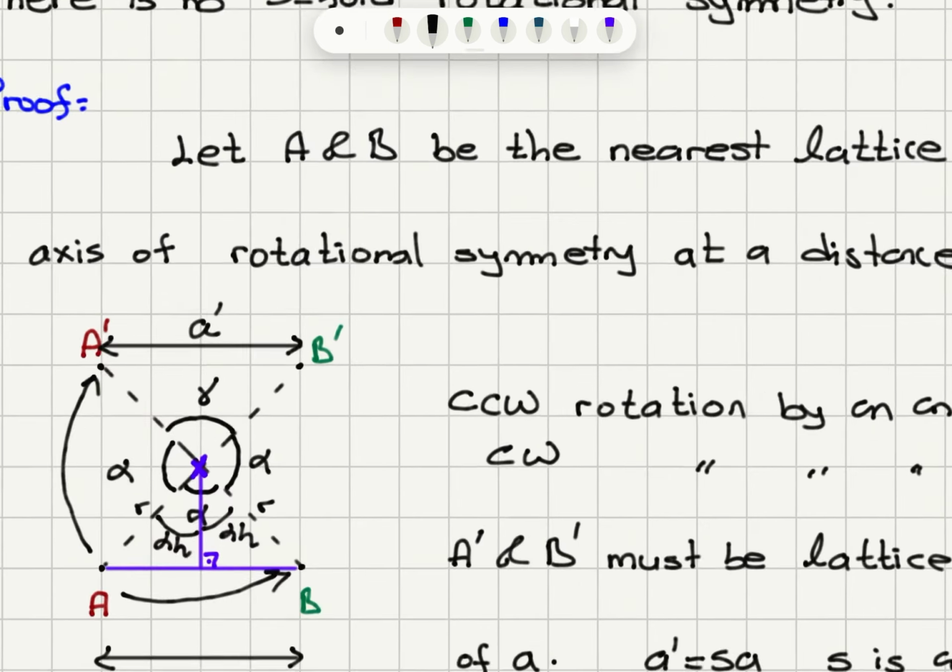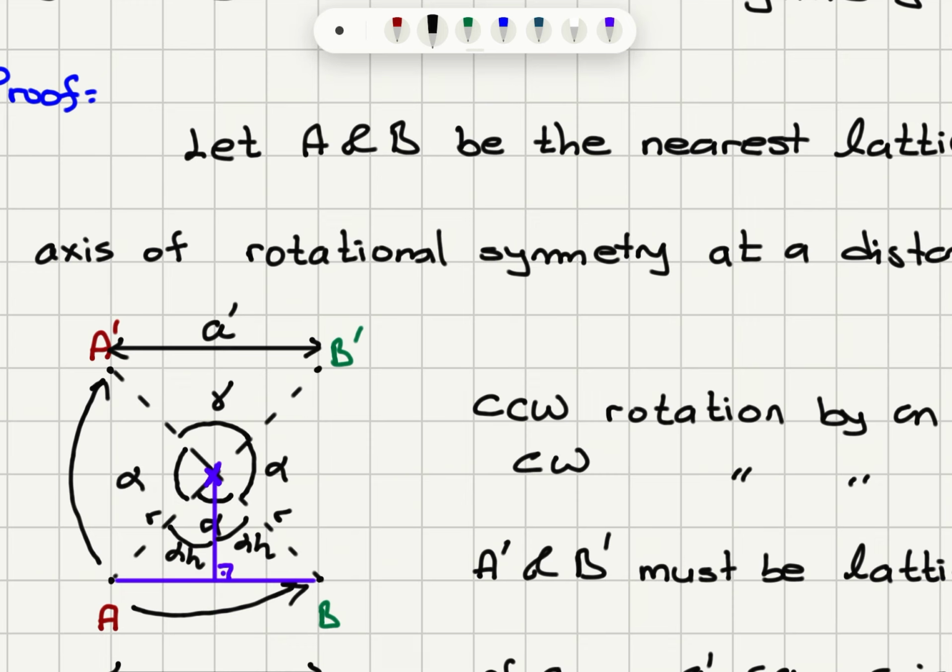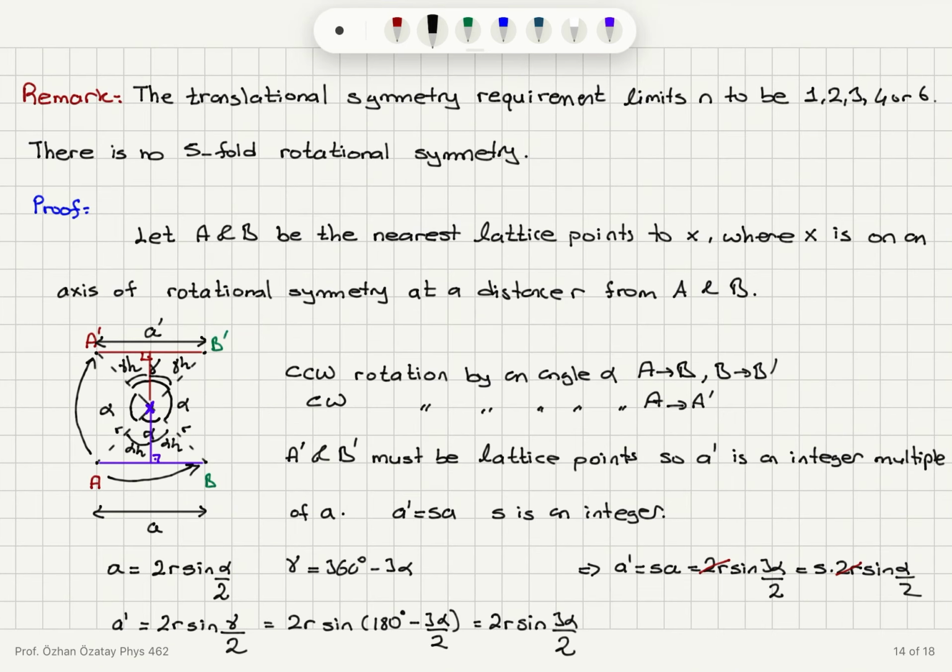And a prime would be similarly, if you look at this, this is the base now, and here is the perpendicular I drop here, and this is gamma over 2 and this is gamma over 2, and I would find that a prime is 2r sine gamma over 2.